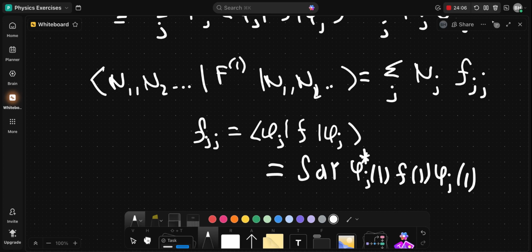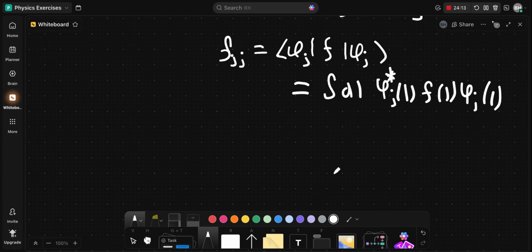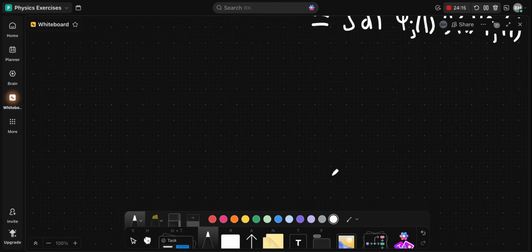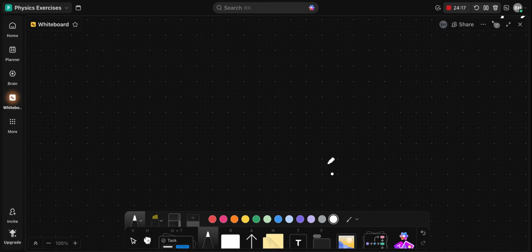But a one particle operator does not need to keep particles in the same configuration. It can do something else, which is kind of interesting, and we're going to study this part now.